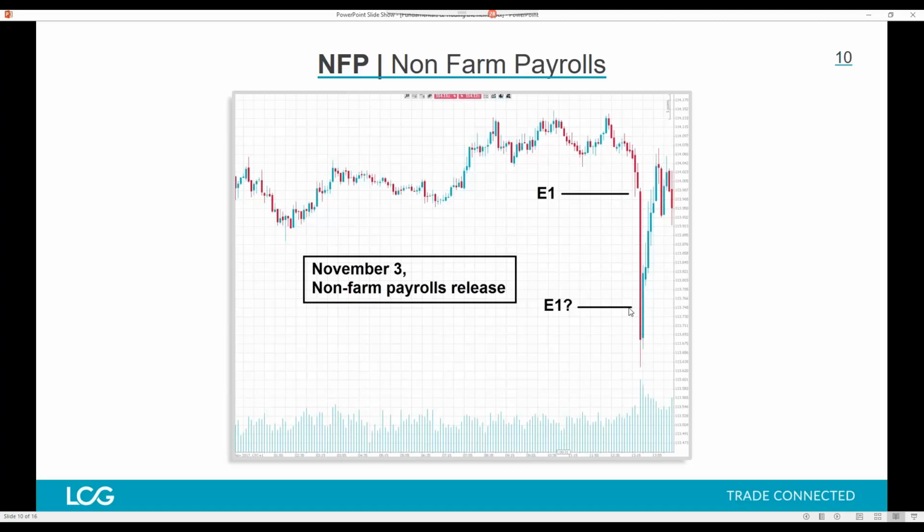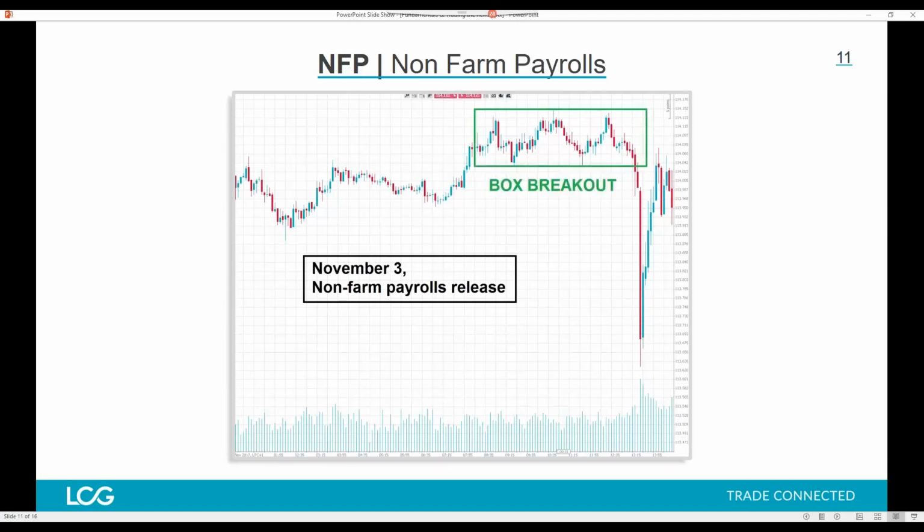So what can you do if you can't do that? Well, as I mentioned, have a look at the price action leading into the release. Typically, especially with the big releases like the non-farm payrolls, the price action will be fairly sideways.